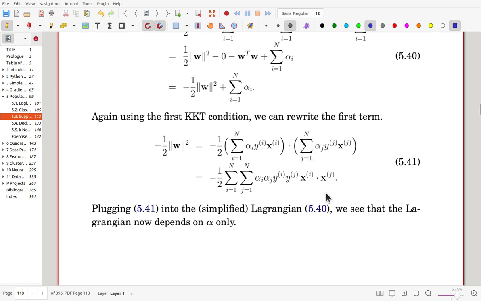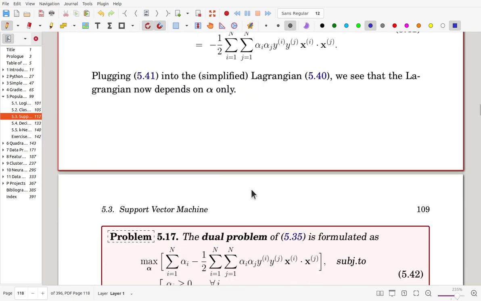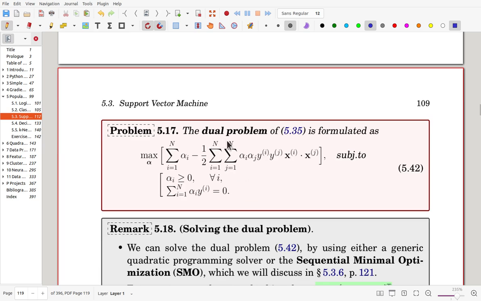Now this term will be replaced by that one, and we reach the dual problem. That is to be maximized over alpha with the constraint alpha i non-negative, which is the second KKT condition.